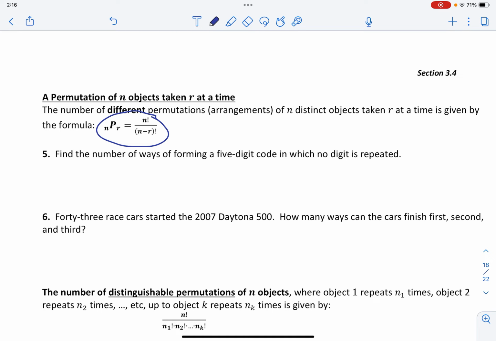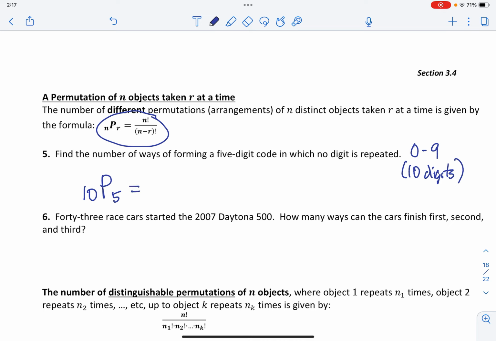Find the number of ways of forming a 5-digit code in which no digit is repeated. So talking about digits, we have 0 through 9. That's 10 digits. So the number of objects to choose from is 10. So the notation for this would be 10P, and we're doing a 5-digit code, 10P5. Choosing from 10 objects, 5 at a time.